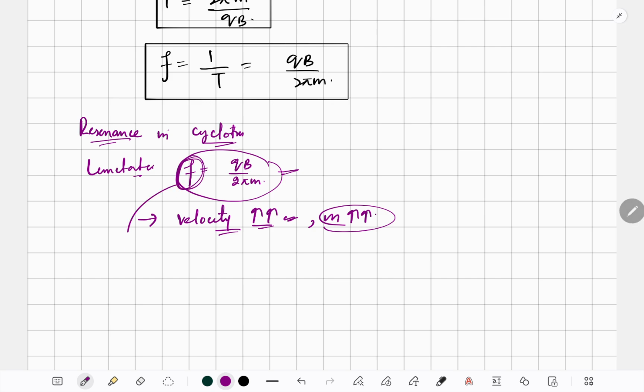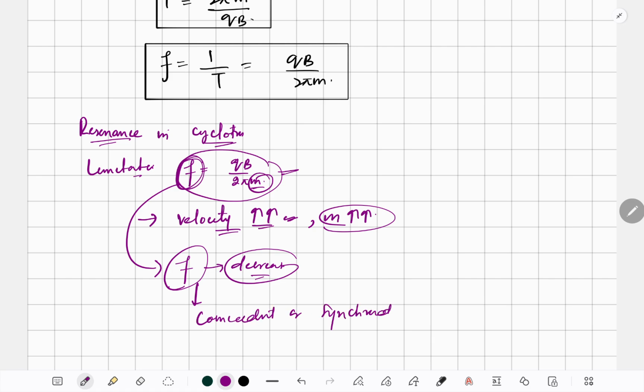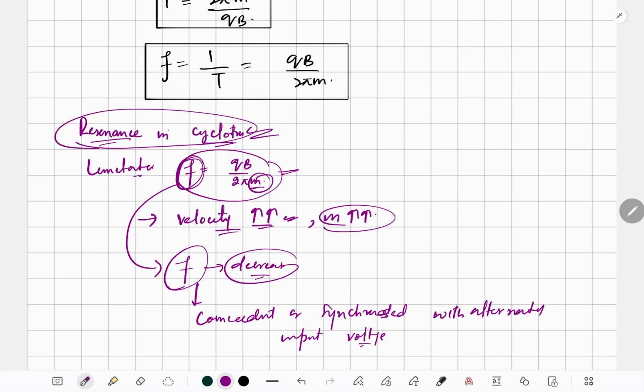The frequency wouldn't be constant. It would decrease, because this m would go up, and finally it would not be synchronized with the alternating input voltage. So there would be a mismatch, or we should say the resonance in the cyclotron fails. That is why an ordinary cyclotron cannot accelerate particles to extremely high energies. So we call it a relativistic limitation.